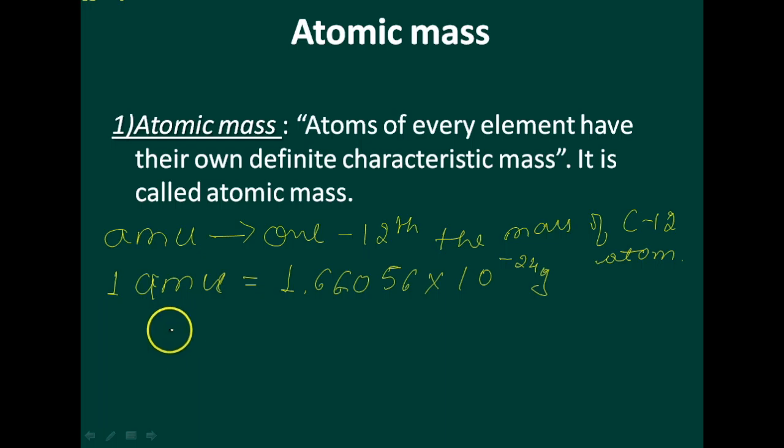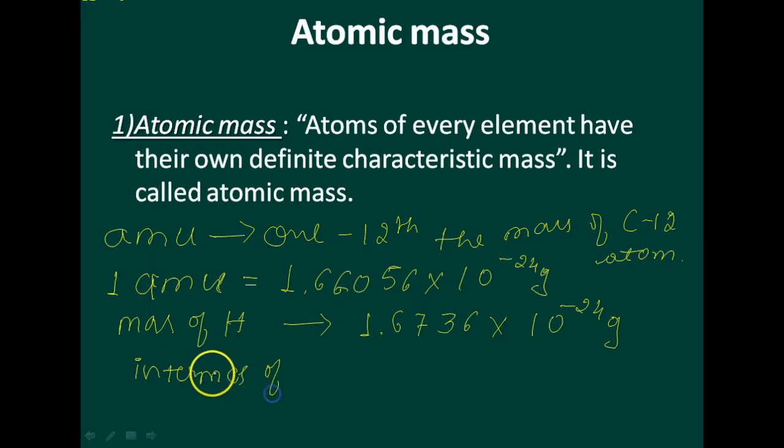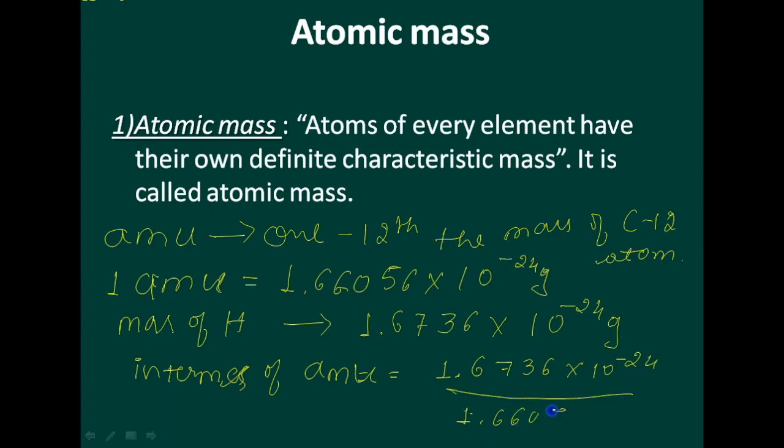Like the mass of a hydrogen atom is 1.6736 into 10 raised to minus 24 gram. So in terms of AMU, if you want to calculate it, just consider 1.6736 into 10 raised to minus 24 divided by 1.66056 into 10 raised to minus 24.